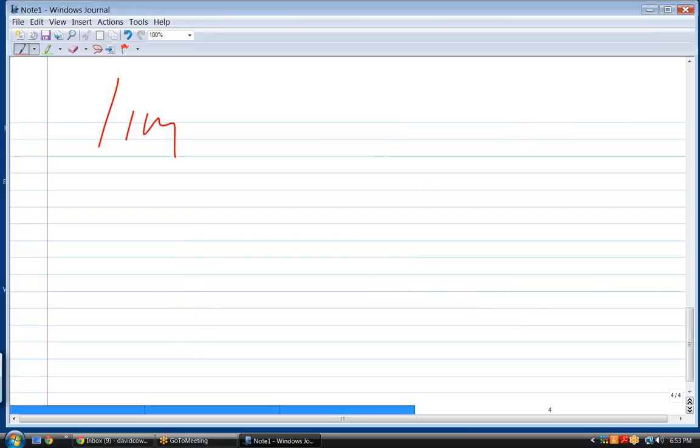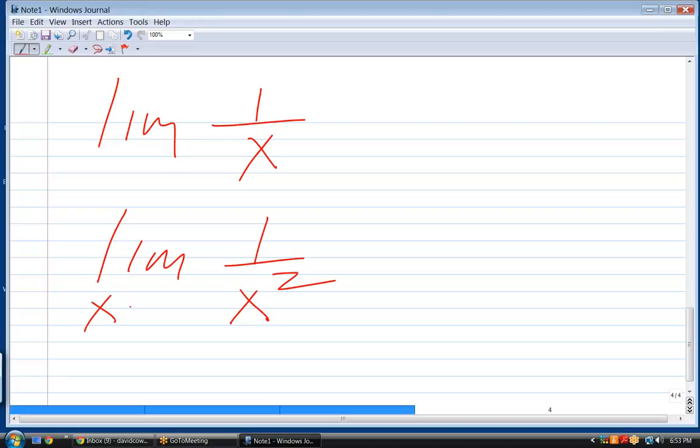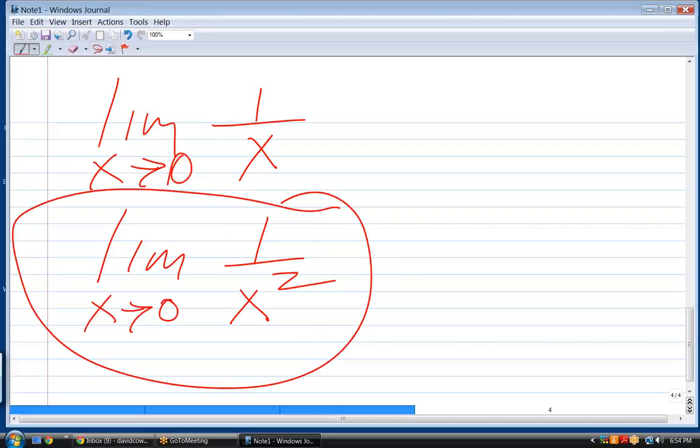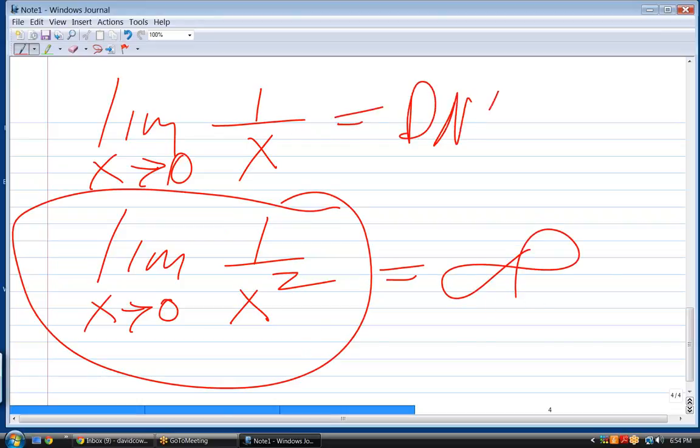Well, almost. In other words, there is the question of, are these different? And she doesn't even want to talk about that, I guarantee you. This one actually does exist, and it's infinity. This one truly does not exist, because the limit from the left and the right are different.